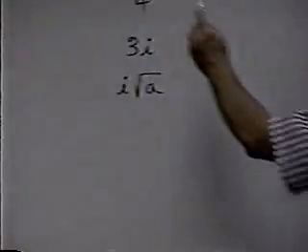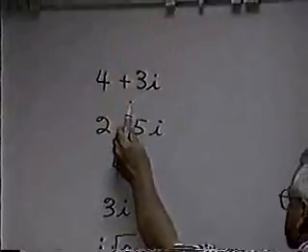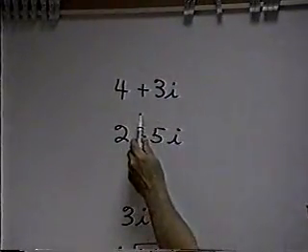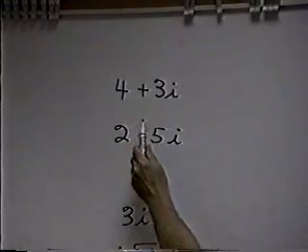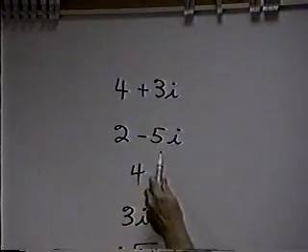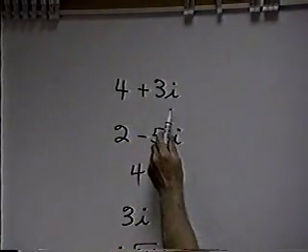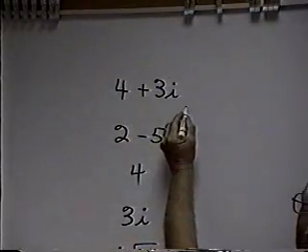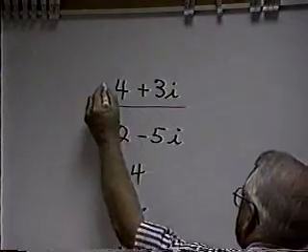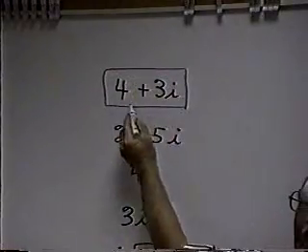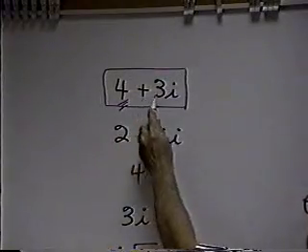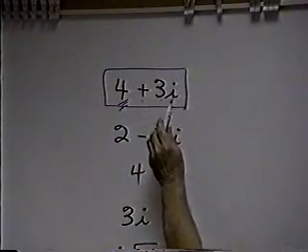Now let's look at some examples of what we call complex numbers. I started the tape out discussing what this i is. Now we're going to start back over and say what a complex number is. I have the definition written in the notes. But a complex number is a number in the form of some number here, plus or minus a number times i.